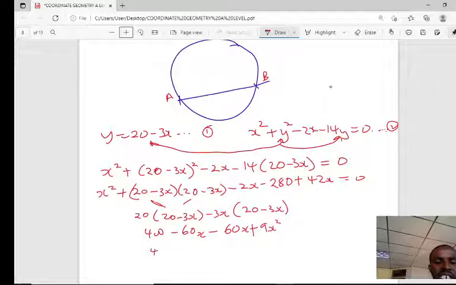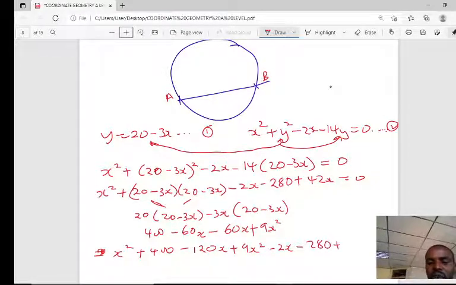Then simplifying it further, you get 400 minus 120x plus 9x squared. Right, then let's put everything now. X squared plus this one, then minus 2x minus 280 plus 42x is equal to 0.